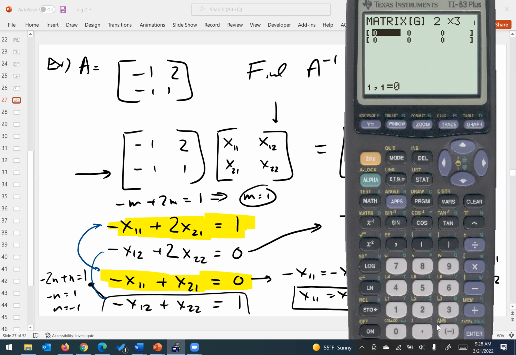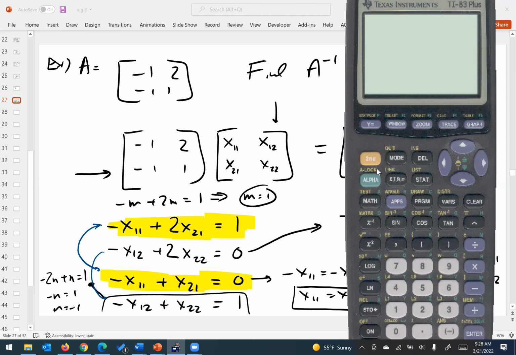My numbers are -1, enter, 2, enter, 1, enter, -1. And you tell me if you do not know where those numbers are coming from. Everybody good there? Cool.